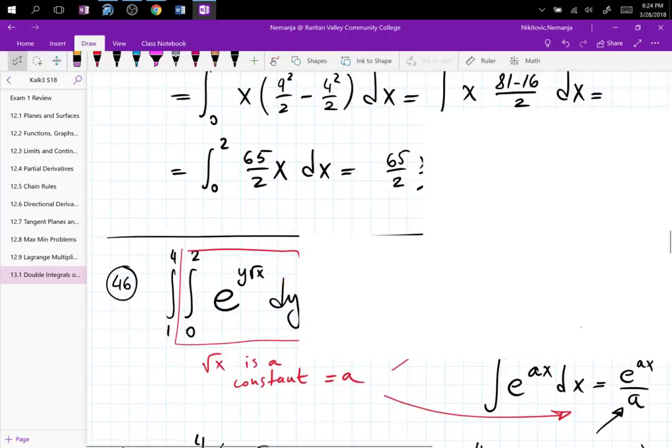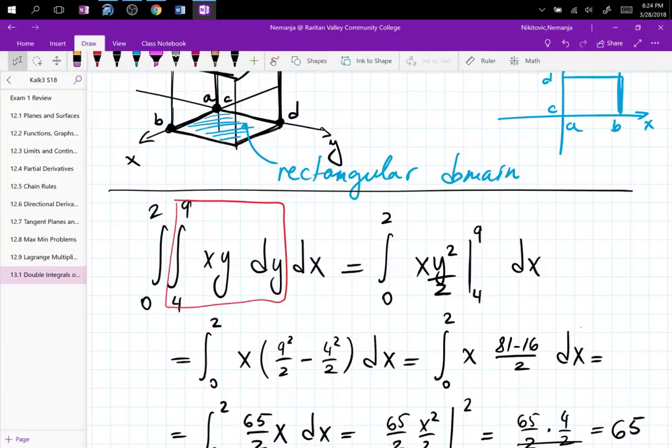That's that. What's the next section? The next section is going to introduce double integrals over general regions. So we'll take care of that section after the exam on Monday.